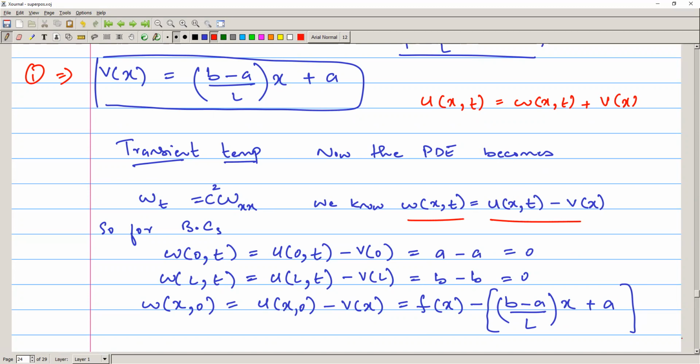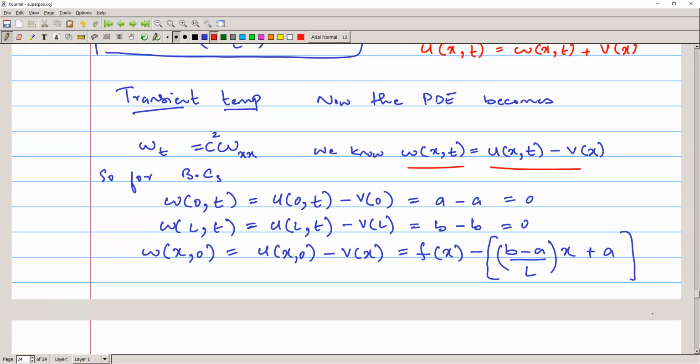So now we will transform the boundary conditions. If w of x,t is equal to u of x,t minus v of x, then w of 0,t will be equal to u of 0,t minus v of 0, where u of 0,t is given as a and v of 0 is again a. So a minus a is equal to 0. So now this is a homogeneous boundary condition, right? And then w of l,t is equal to u of l,t minus v of l, that is equal to b minus b, and again this is 0.